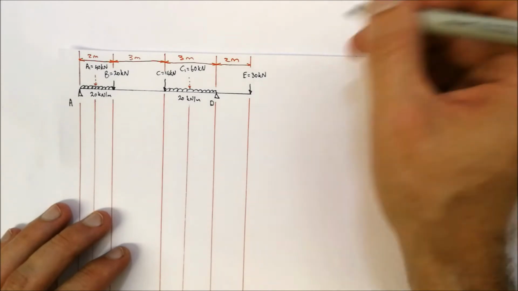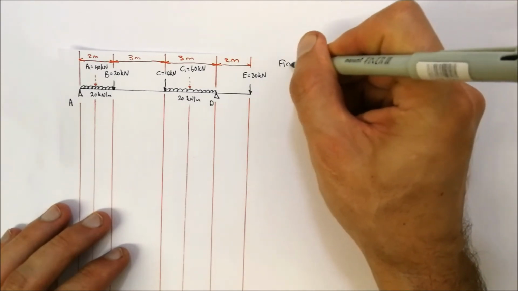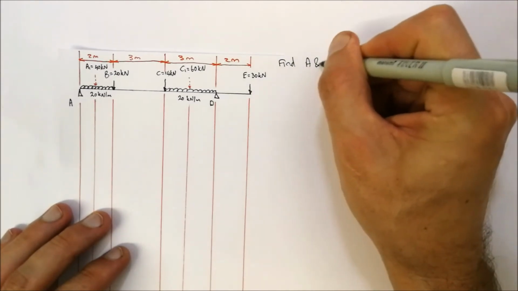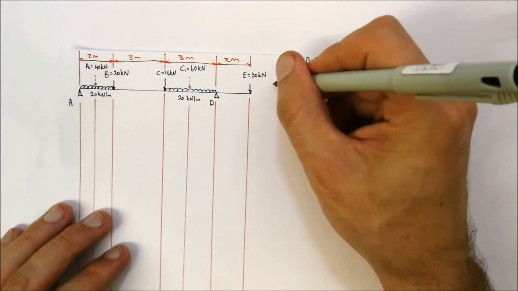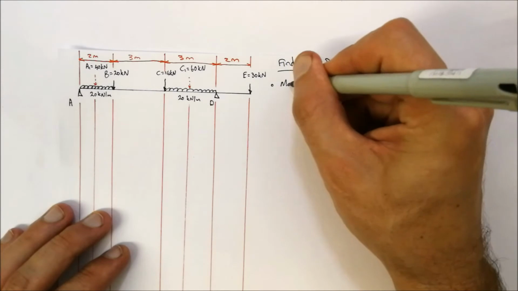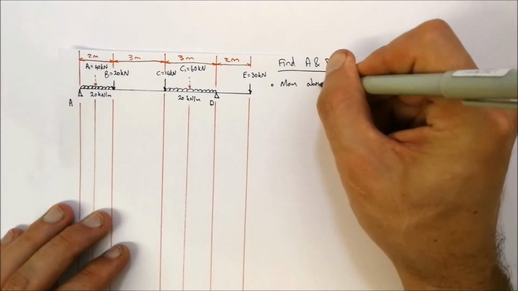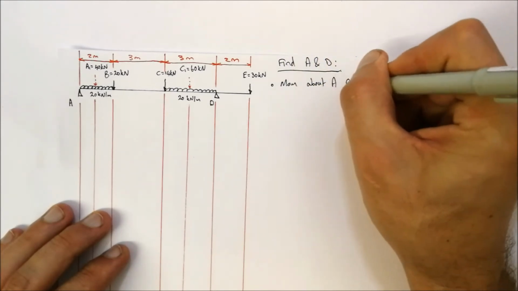To find A and D, we're going to take moments about A for D.